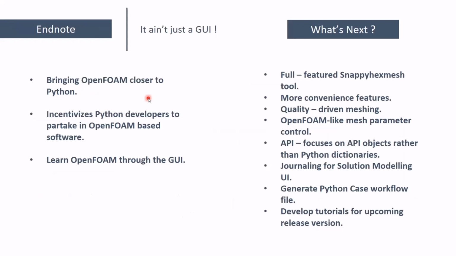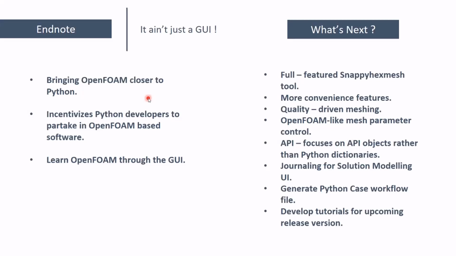In fact, a lot of people in our team are computer science engineers who have no CFD background whatsoever. So because of this, we feel that Python developers also get some interdisciplinary knowledge, and that benefits their learning. Secondly, we also feel that a lot of students were able to learn OpenFOAM better with the GUI. And we also want to make the GUI much more feature capable and more responsive for more complex features.